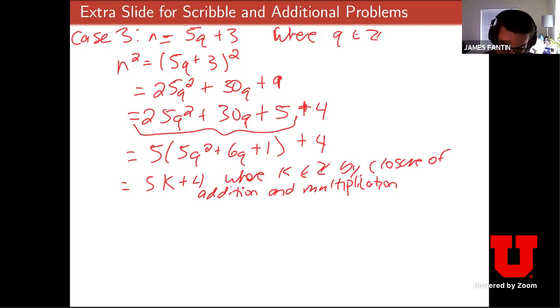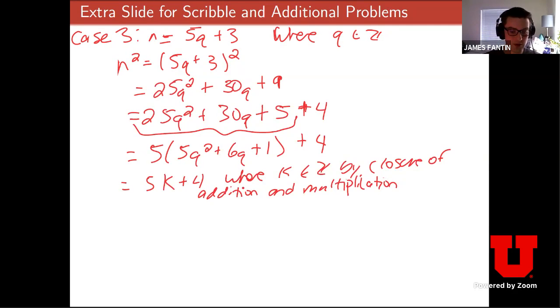Here we knew we were trying to get something that looked like 5k plus 4 or 5k plus 1. So you're trying to get some value less than 5, and we knew we were dividing by 5. So this is a little trick that we can do in order to show that we end up with 5k plus 4.